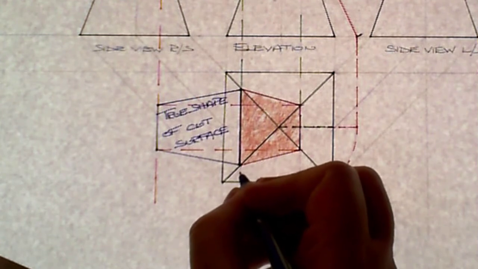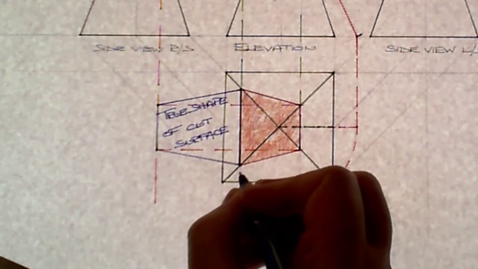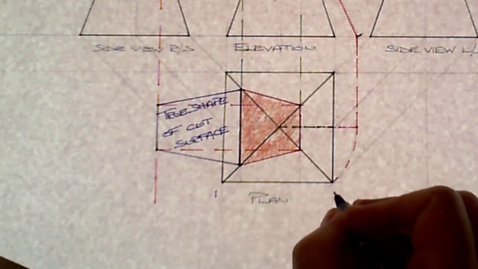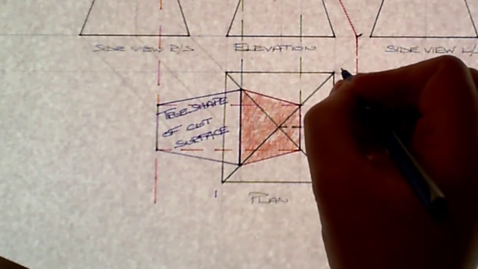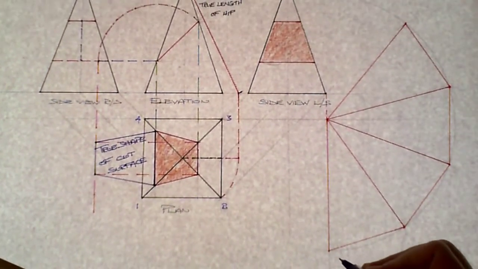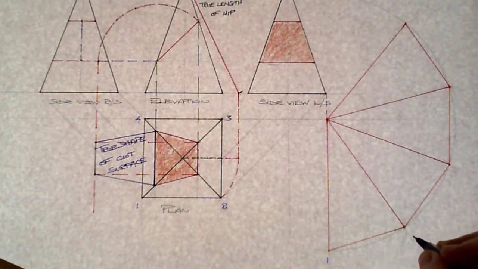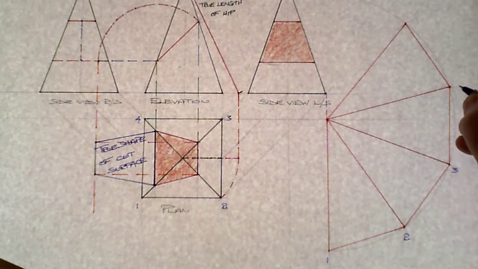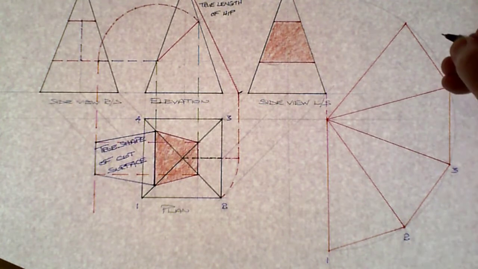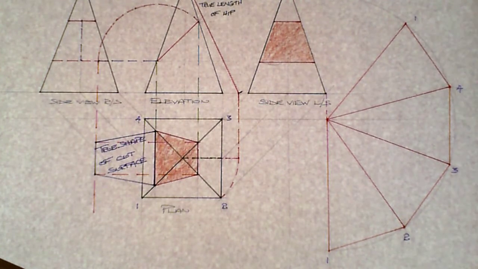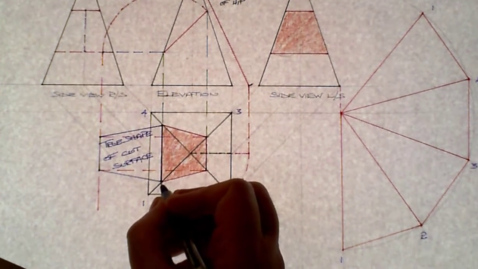So this is going to be point 1. I'll indicate the bottom sides here: 0.1, 0.2, 0.3, and 0.4, and then 1 falls back on itself, so that's 0.1.